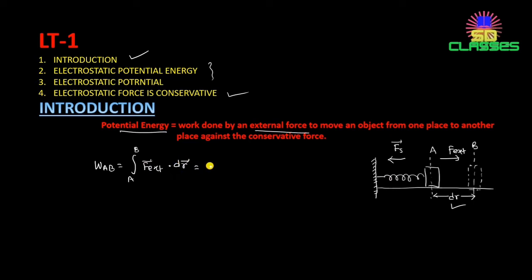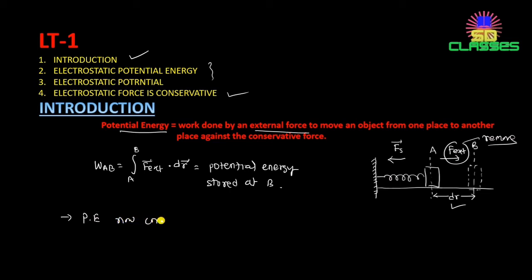So this is the potential energy stored at B. Now suppose you remove this external force after reaching point B. What will happen? The stored potential energy is now converted to kinetic energy.